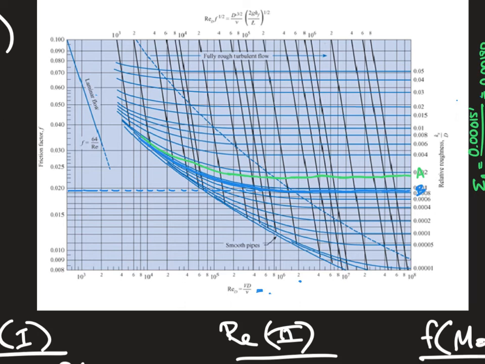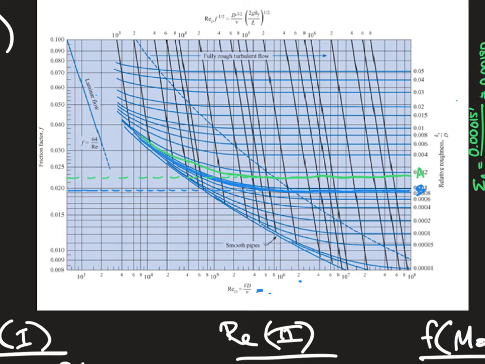The best line for A, let's use the flat part if we can. I didn't do a great job drawing that flat part, so maybe it's right up in there. Maybe it's 0.022. Either one of those are both good guesses.